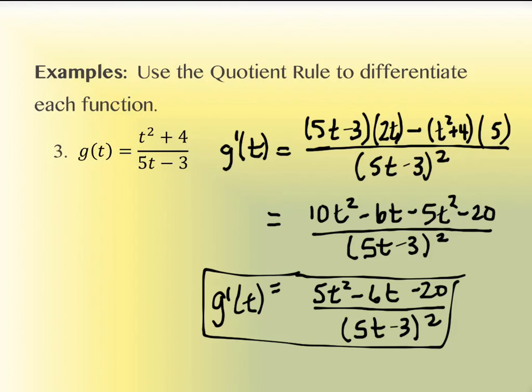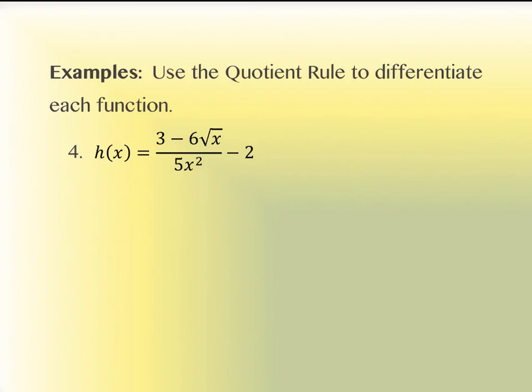I couldn't ever get 5t minus 3 as a factor because 20 doesn't have a factor of 3 in it. So even if I were able to factor the numerator, it wouldn't reduce with what's in the denominator. So that's how I can actually know that I'm done on this problem and there's no simplifying to do. Any questions on this one? Okay. We have one more example here, direct example anyway, of the quotient rule.